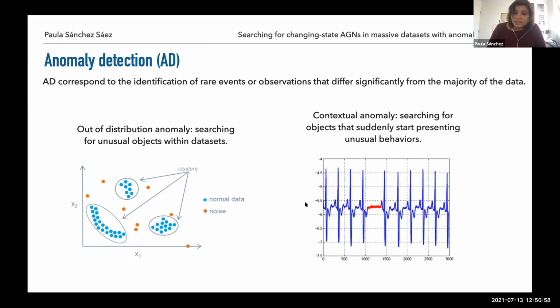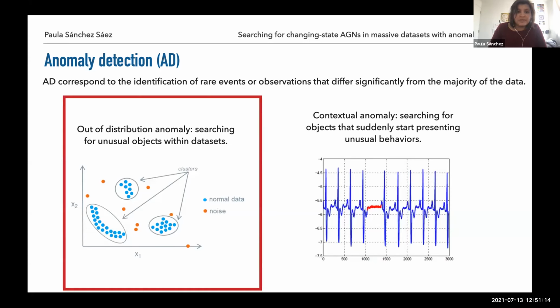For instance, here we have a time series that is varying with a periodic signal, but suddenly we have a drastic change in the behavior of the source, and then we recover the periodic signal. This kind of anomaly can be detected using contextual anomaly detection. So first I will tell you the techniques for out-of-distribution anomaly detection and then contextual anomaly detection.